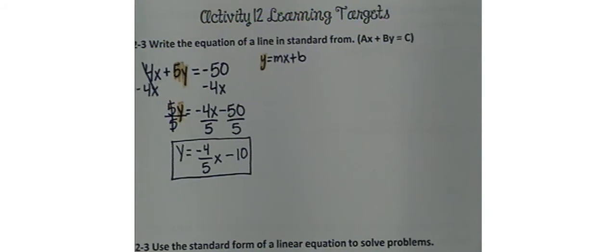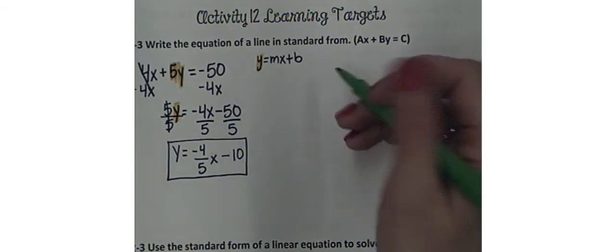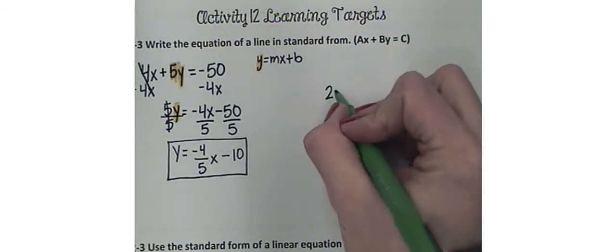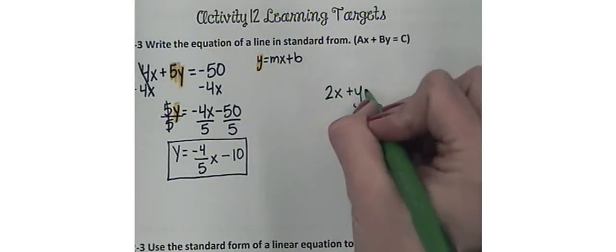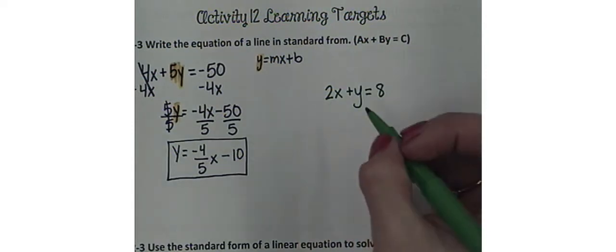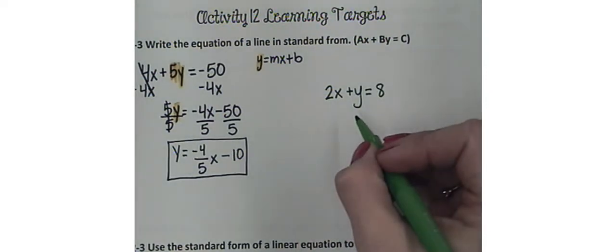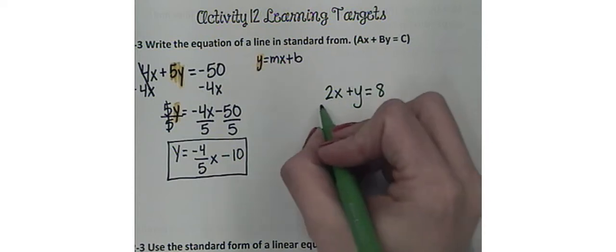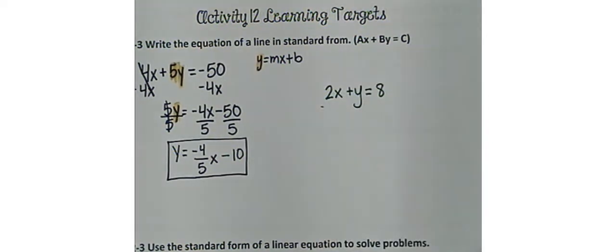All right, let's try one more. 2x plus y equals 8. Same thing, we want to convert this to slope-intercept form, so we want to solve for y. What would our first step be here? We want to move this 2x to the other side.